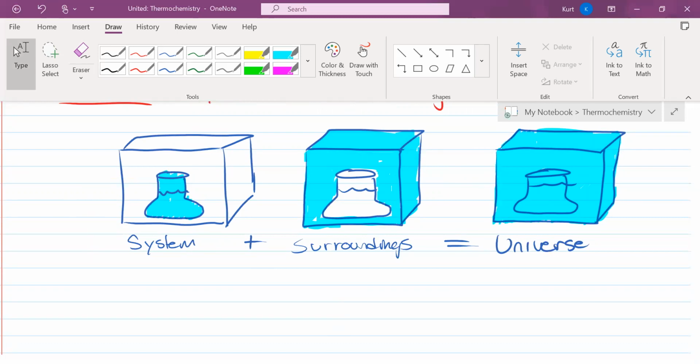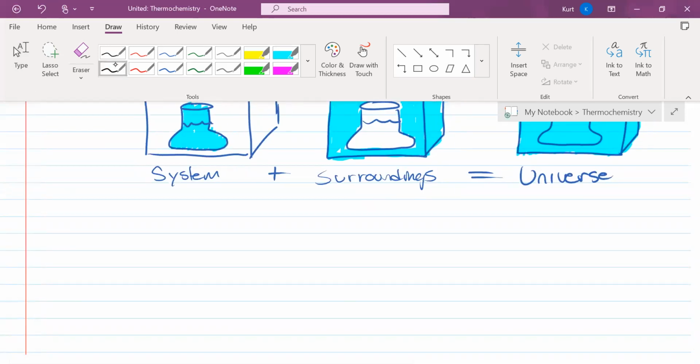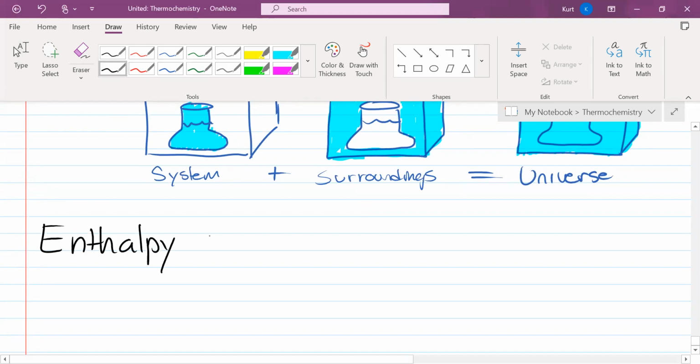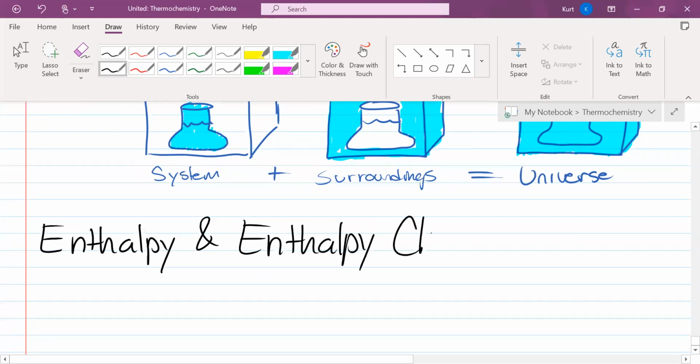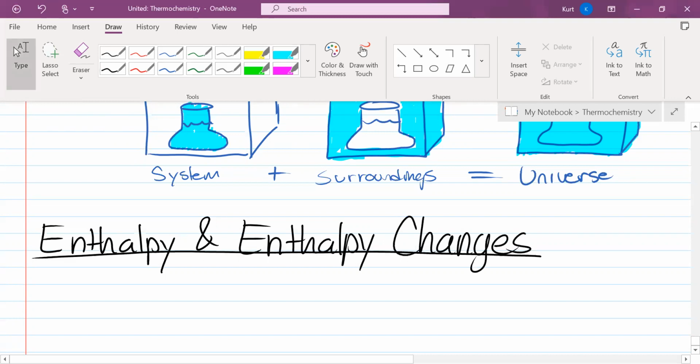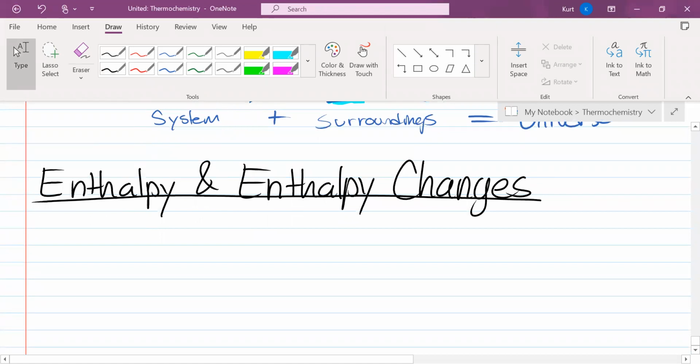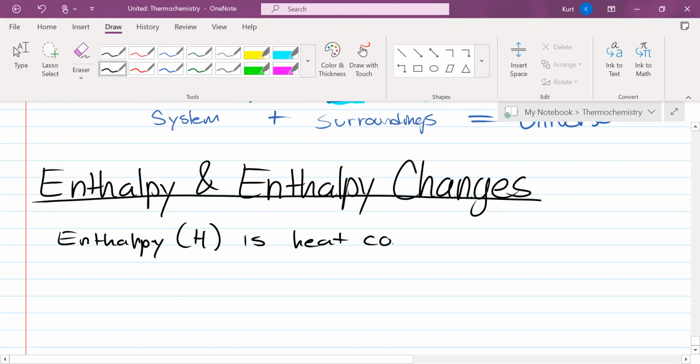All right, let's keep on going. Let's get to a new term here called enthalpy. The symbol for enthalpy is H, and it is the heat content of a system.